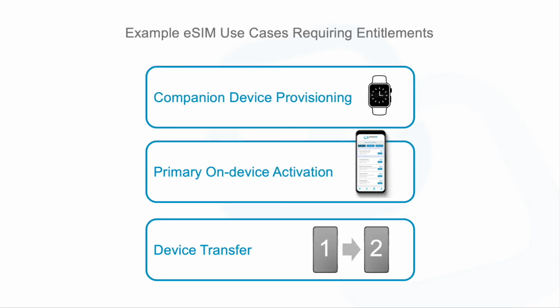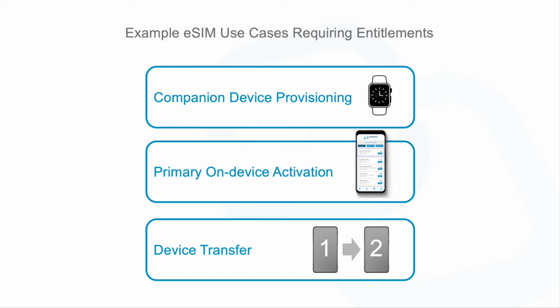It may not surprise you then that entitlements is also useful for eSIM-related services. This started with the provisioning of companion devices such as smartwatches, where the entitlement server would manage a websheet-based dialogue with the customer on their smartphone in order to set up an eSIM subscription for the watch, then link that watch subscription with the customer's smartphone, ensuring both devices ring when the customer received a telephone call.